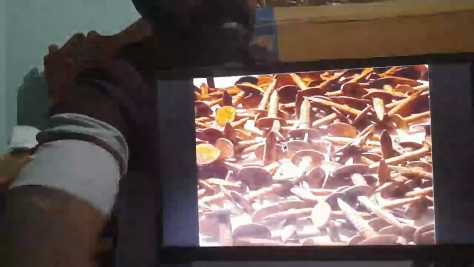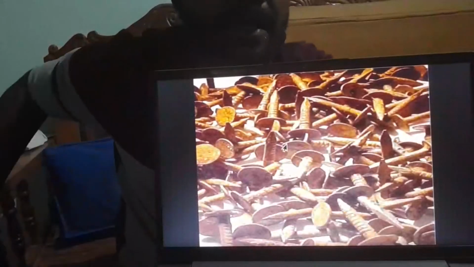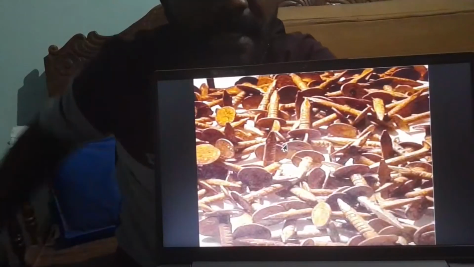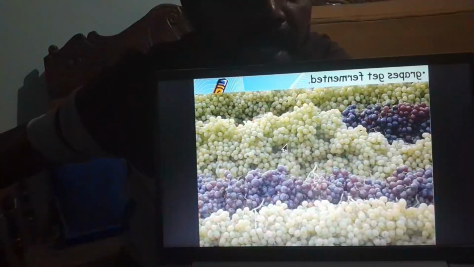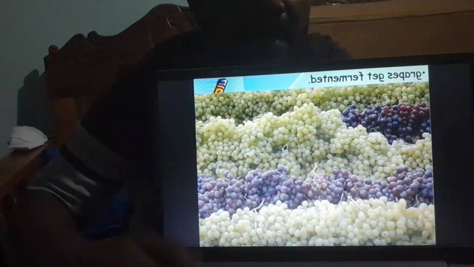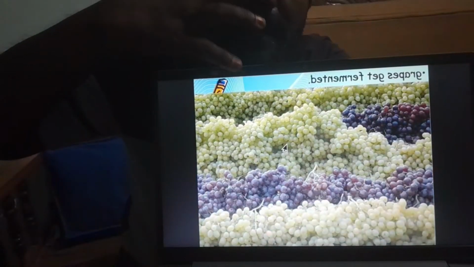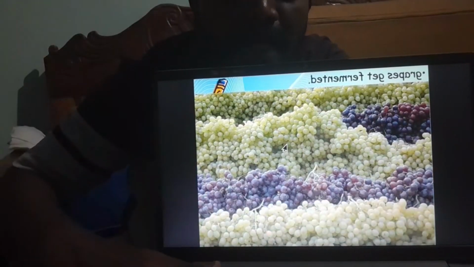Some nails got rusted, right? And this is grapes got fermented. So these are examples of chemical reactions: rusting of iron, rotting of fruit, fermentation of fruit, etc.